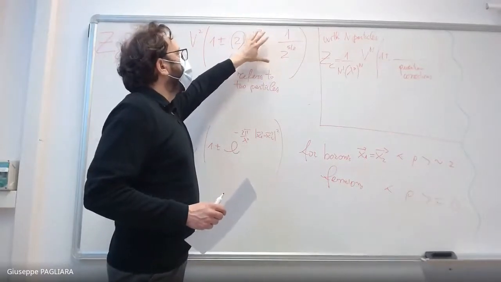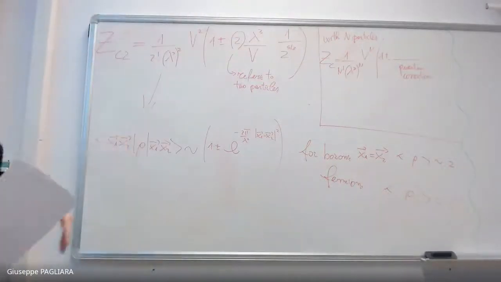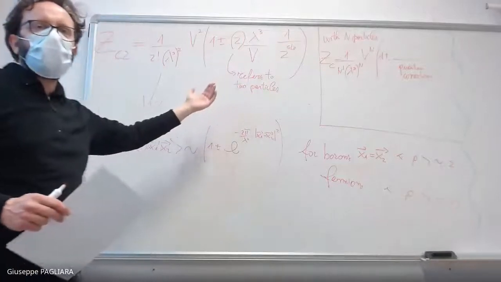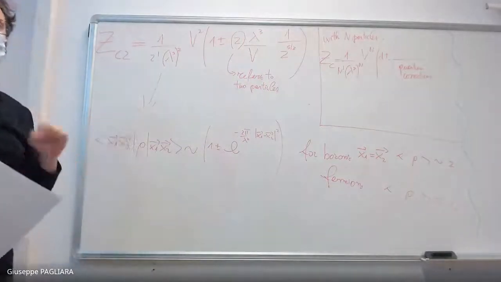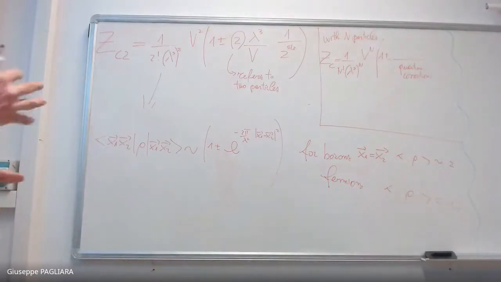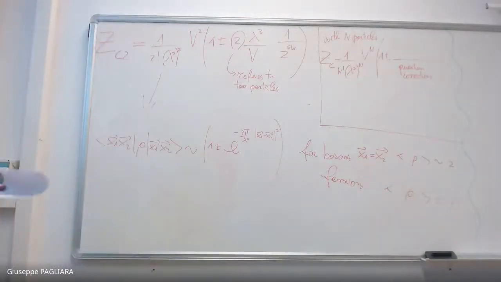Somehow, the fact that I have this wave function symmetrization is similar to including an effective interaction for which the particles are not independent anymore. So this quantum correction, due to the symmetrization of the wave function, can be thought of as a sort of effective interaction.